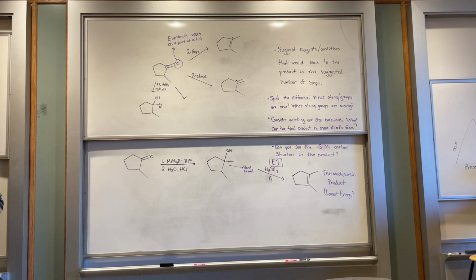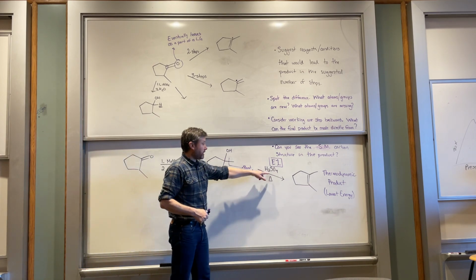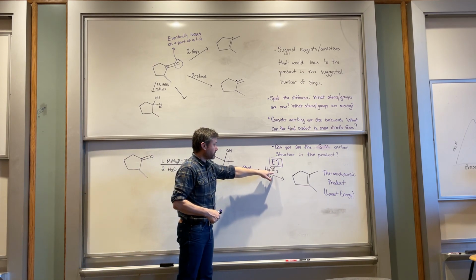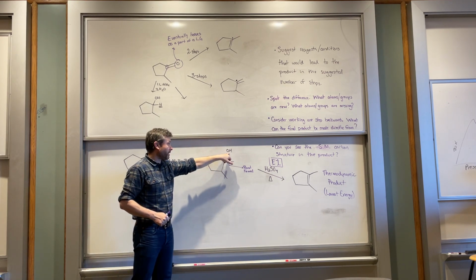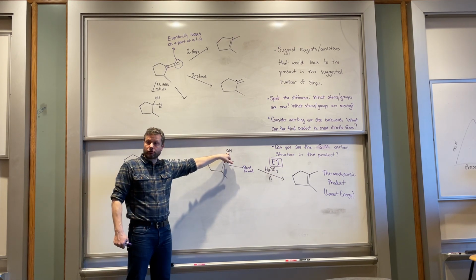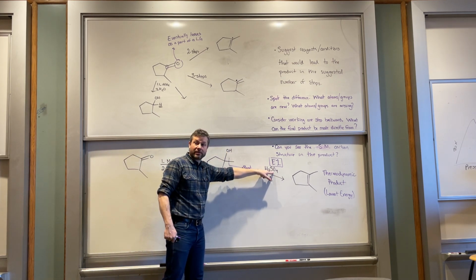What's going to act as the base to pull off the hydrogen? Sure, so in this case, we'll have an OSO3H minus that can act as the base. But probably more likely, we're going to have other alcohol groups act as the base. So in essence, we can think of this as a catalyst, right?